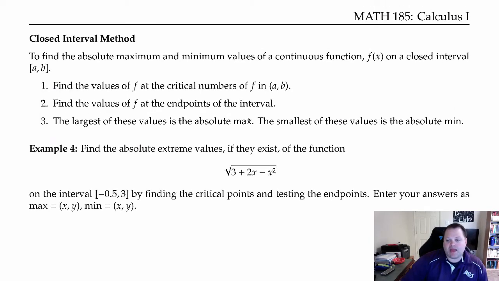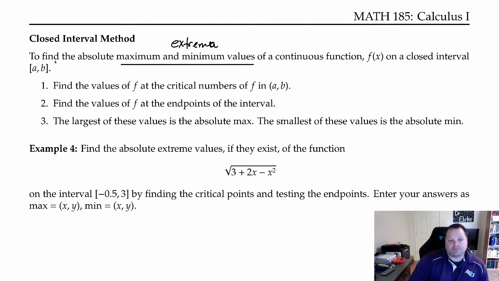So the main method that you're going to be tested on in the quiz this week, and the main method for the lecture today, is something called the closed interval method. It allows us to find all of the absolute maximum and minimum values, another term we often use for which is extrema, extreme values. So extrema is the plural of extremum in this case.